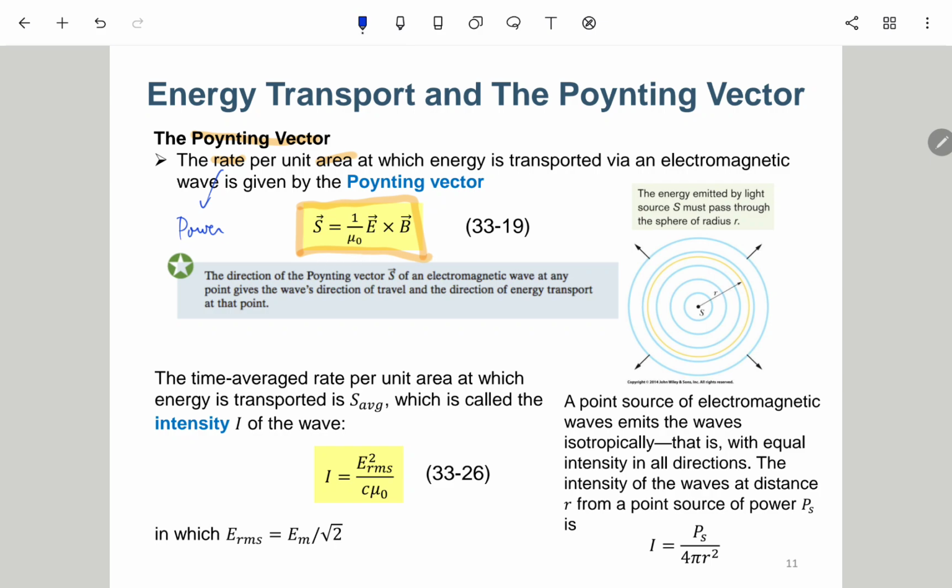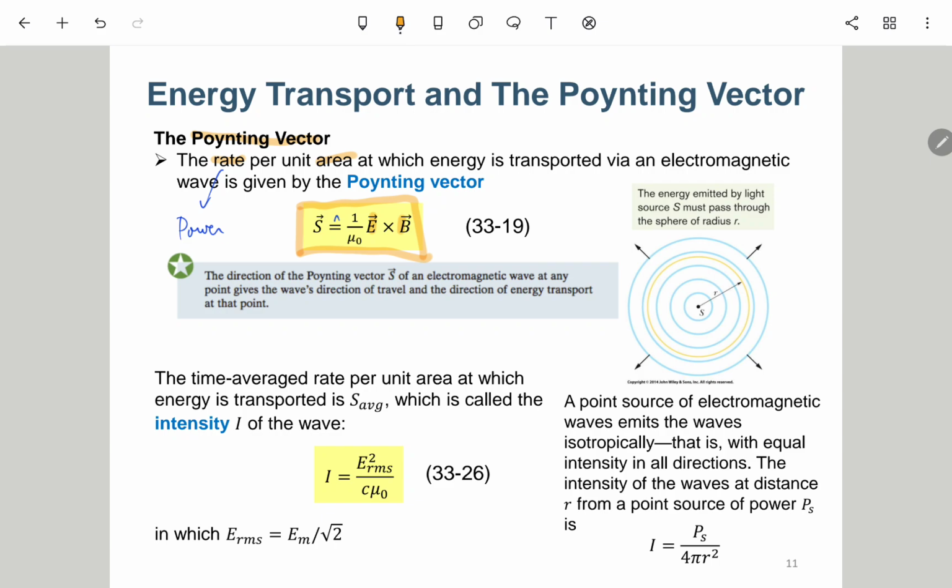Up to this moment you can consider this a definition, but you will know why it is like that later on. What we can see here is the E field crossed with the B field, which means the cross product will be perpendicular to the E vector and also the B vector.